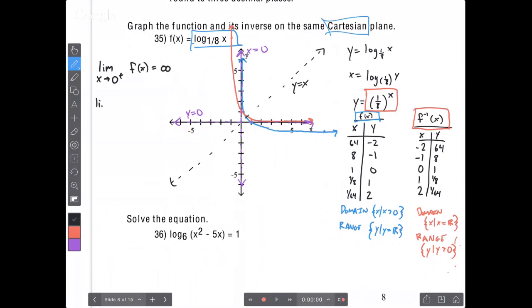And we could say that the limit as x approaches infinity of its inverse, the red function, equals 0. Cool. Richard says it's easy, which I hope you all agree. If you understand things, then they usually are easy.